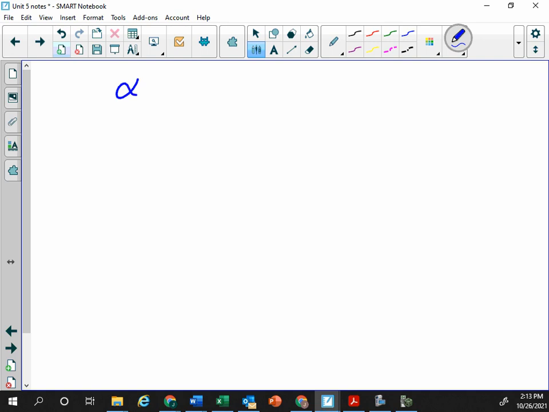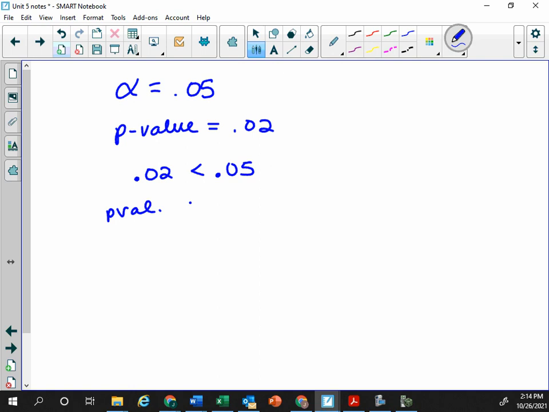So let's look at it a couple of ways. If alpha is 0.05, the p-value is 0.02. 0.02 is less than 0.05, right? Meaning my p-value was less than the alpha.